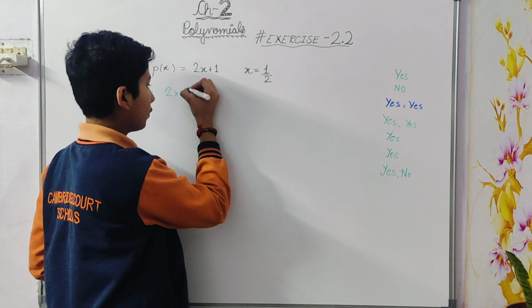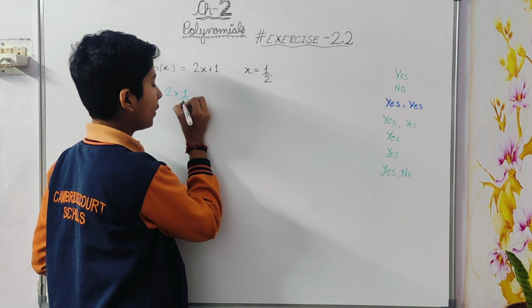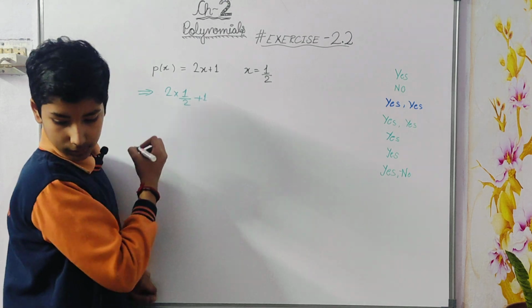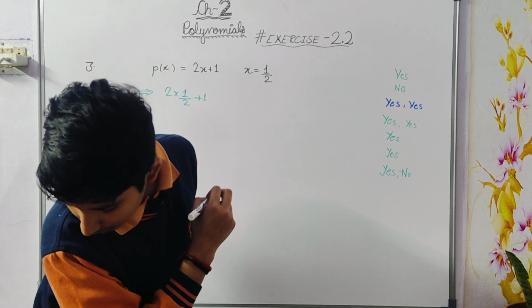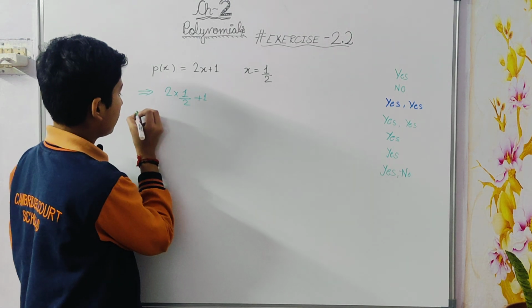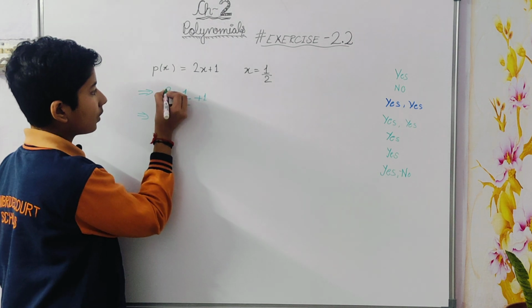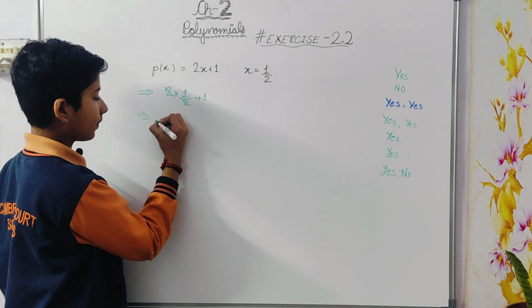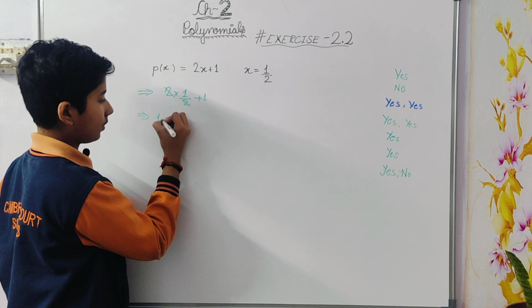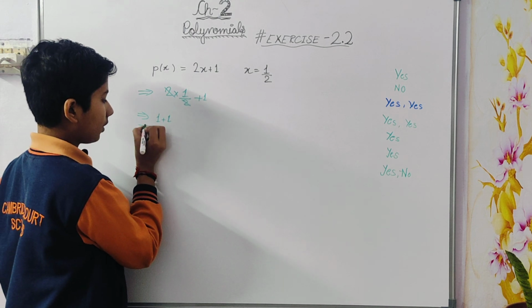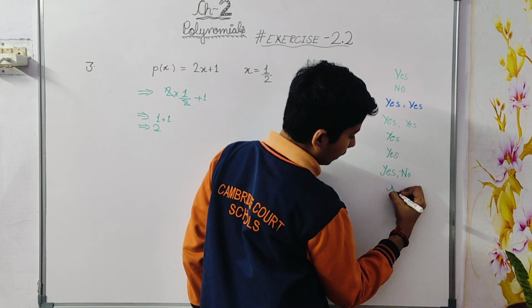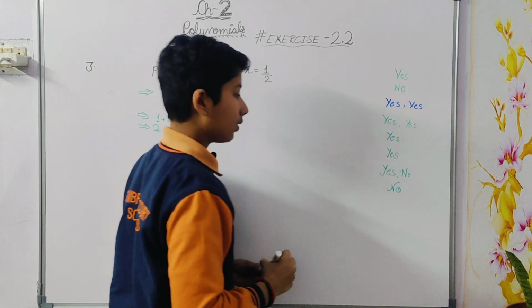X is 1 by 2. 2 multiplied by 1 by 2 plus 1. Is it plus 1 only? Yes. So 2 plus 1... 1 plus 1. So our answer will be 2. So this will also be no.